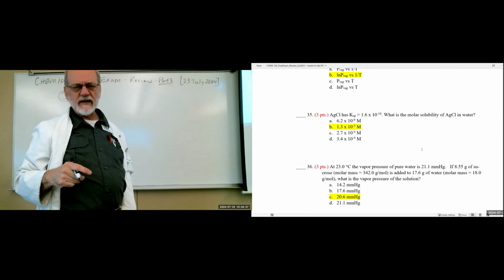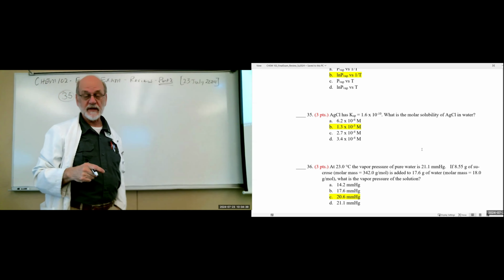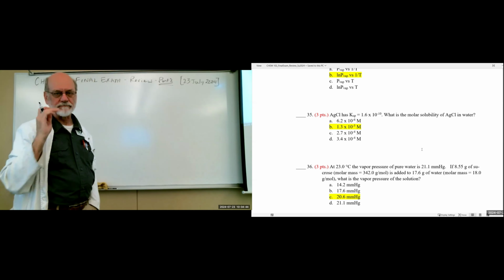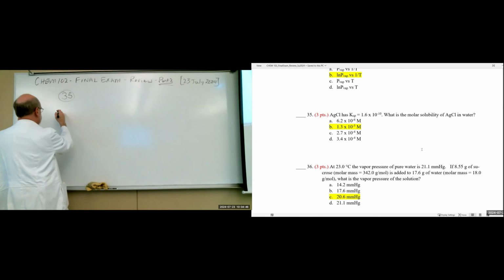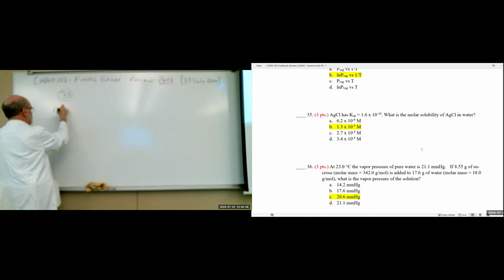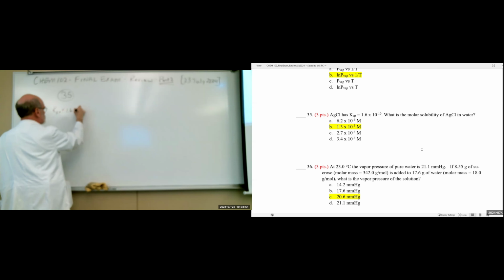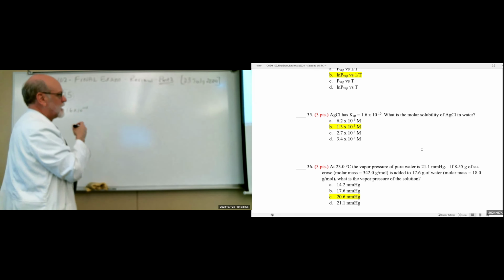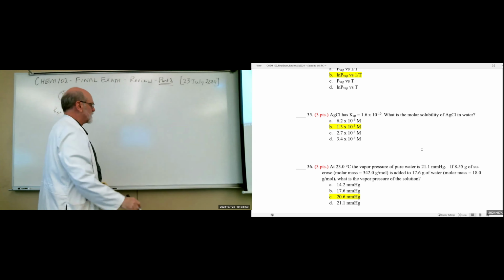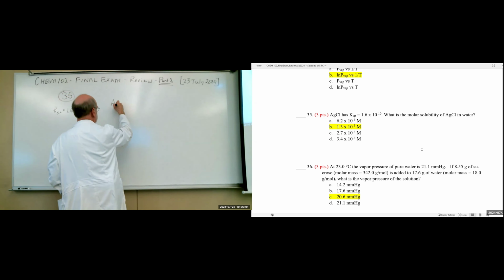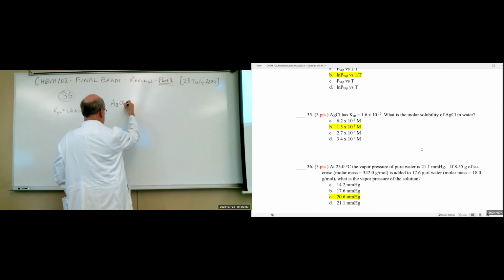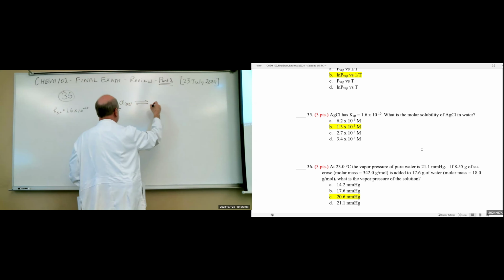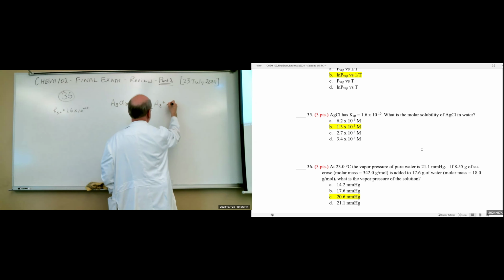All right, 35. Silver chloride has a KSP, solubility product, of 1.6 times 10 to the minus 10. Okay. What's the molar solubility of silver chloride in water? All right. So if the KSP is equal to 1.6 times 10 to the minus 10, correct? Now, what are we talking about? Solubility of silver chloride is in equilibrium with silver ions.